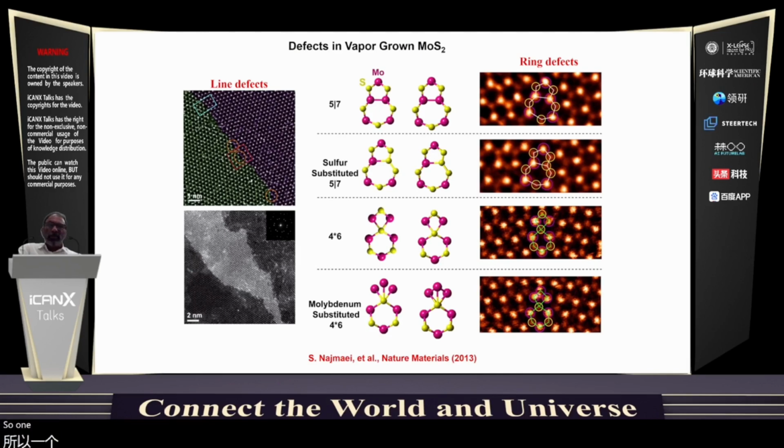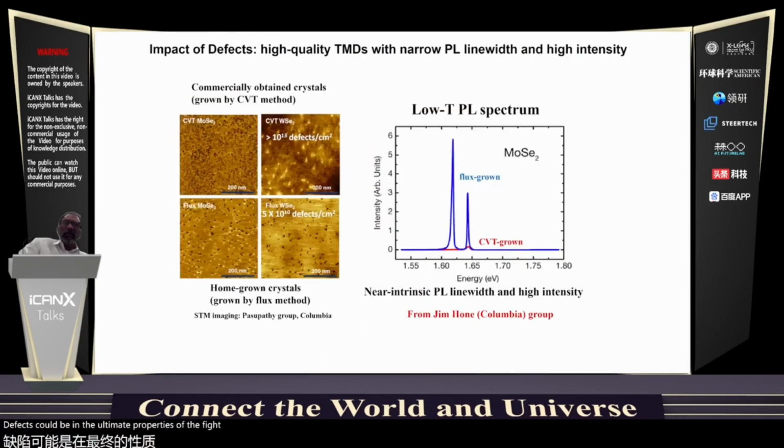So one has to think about what the impact of these defects could be on the ultimate properties that we find. Here is an example of that from the Columbia group. Again, this is not from our group, but they clearly show that defects certainly impact the ultimate electronic structure of these materials.